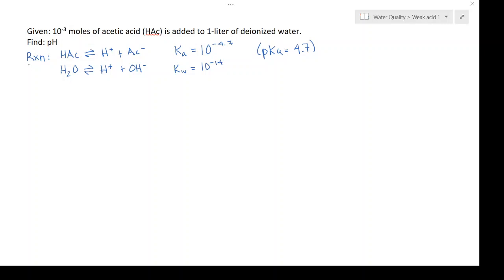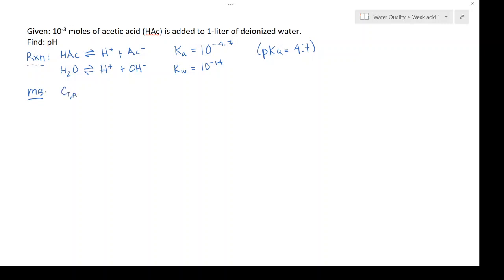The next step after writing out the reactions is to write the mass balance equation. Because acetic acid does not completely dissociate, we're going to have both acetic acid and acetate in the final solution, and we want to keep track of that because the sum of those two things is going to be conserved.